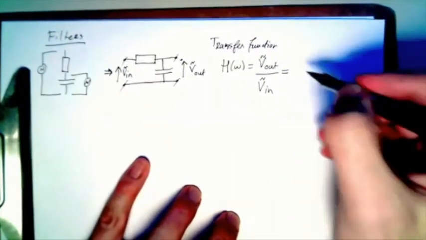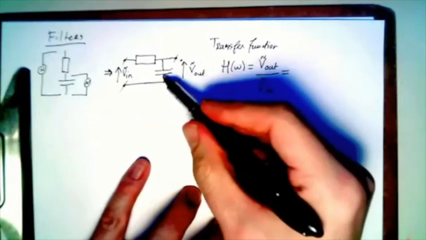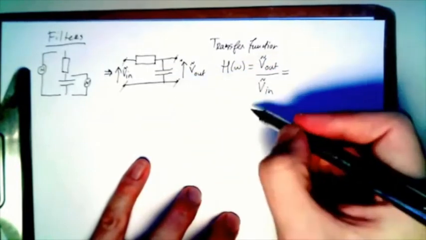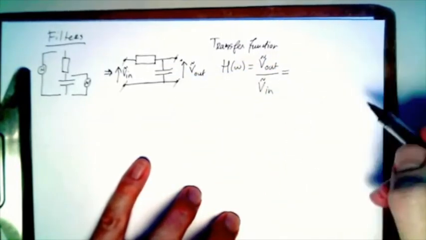So we already know what that is. V out is the voltage developed across this capacitor.